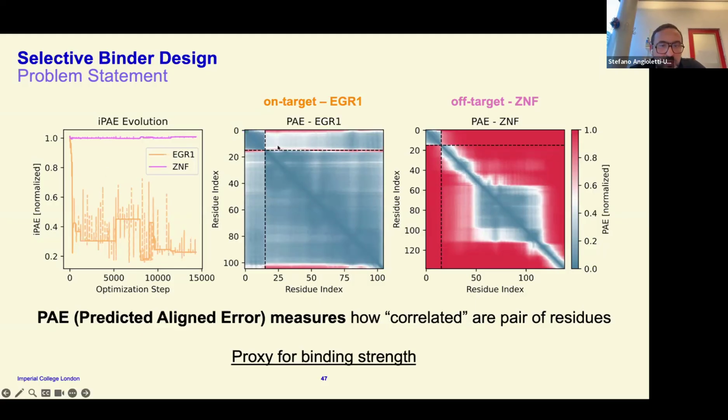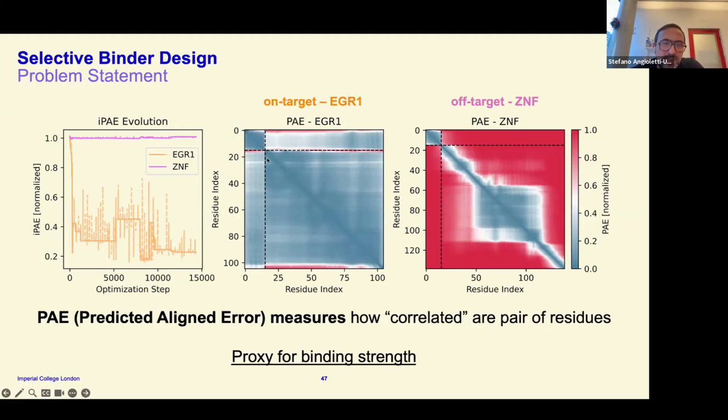And what I'm showing you here is exactly what happens during your Monte Carlo optimization algorithm. The interface predicted aligned error between your binder protein and EGR1 keeps decreasing as much as possible, whereas the energy between your binder protein and ZNF remains very high. High energy is associated with very weak binding, and low energy is associated with very strong binding, which is exactly what we wanted.